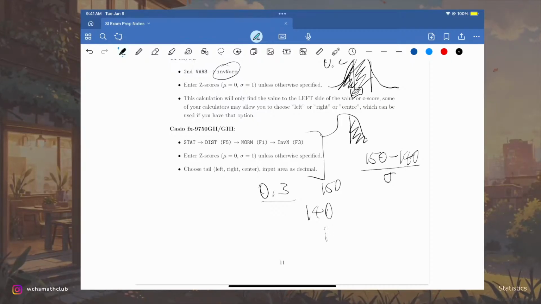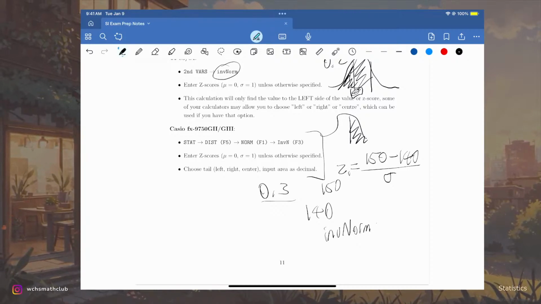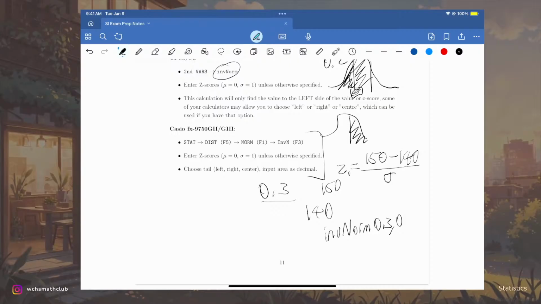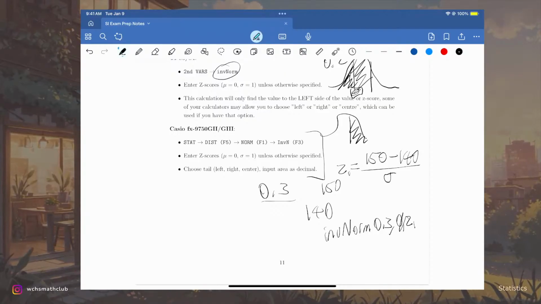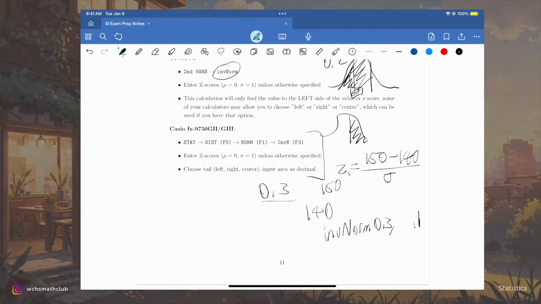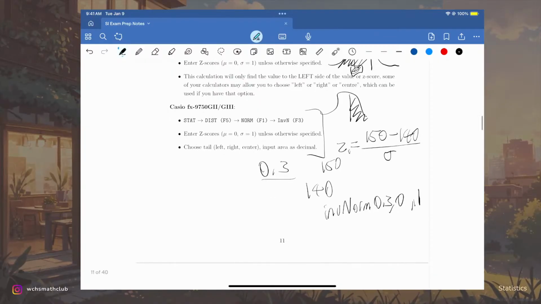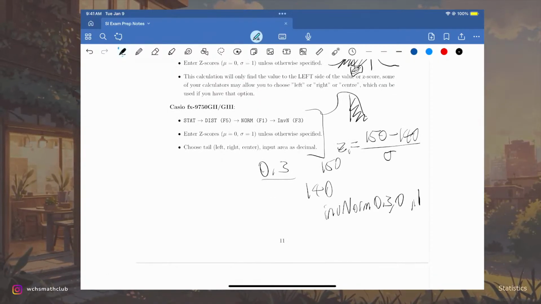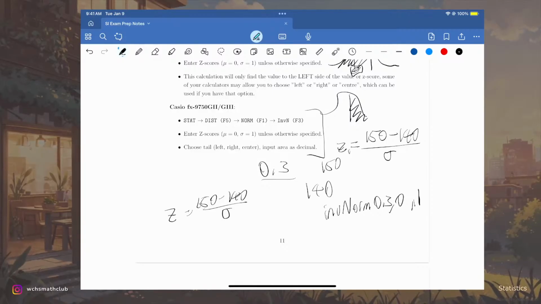So if we're to do inv norm of this z-score, let's call it z1, with area 0.3, the mean is 0 in the z-score, and our deviation is 1, we can find what our z1 is equal to. And then once we have what our z1 is equal to, z1 is equal to, once again, 150 minus 140 over the deviation value.